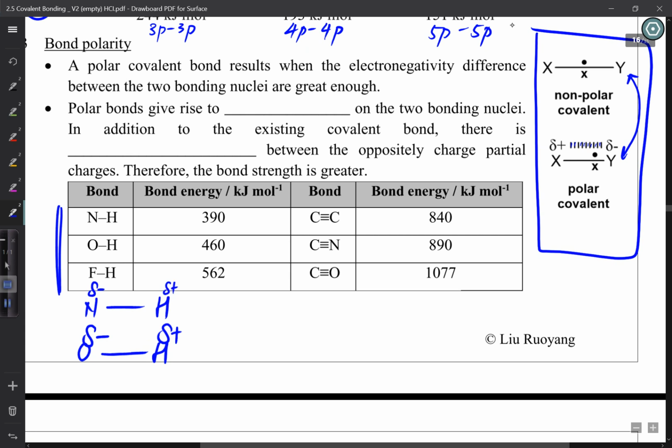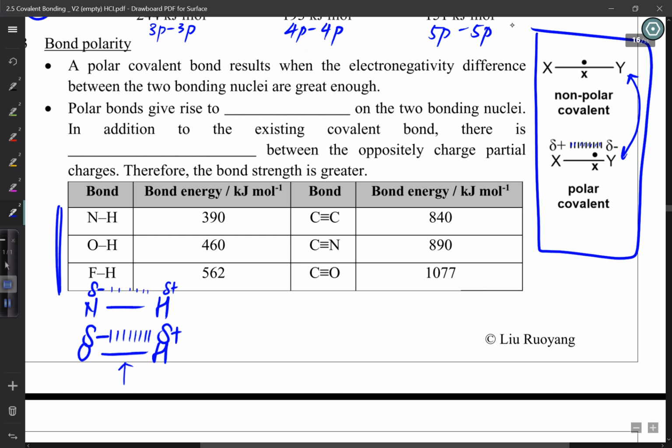So on top of the covalent bond OH, you have a very strong electrostatic force of attraction between this huge delta plus and huge delta minus. Whereas for NH, since the delta plus and delta minus are smaller, the attraction will be weaker. The delta minus is the one gaining, the more electronegative one.